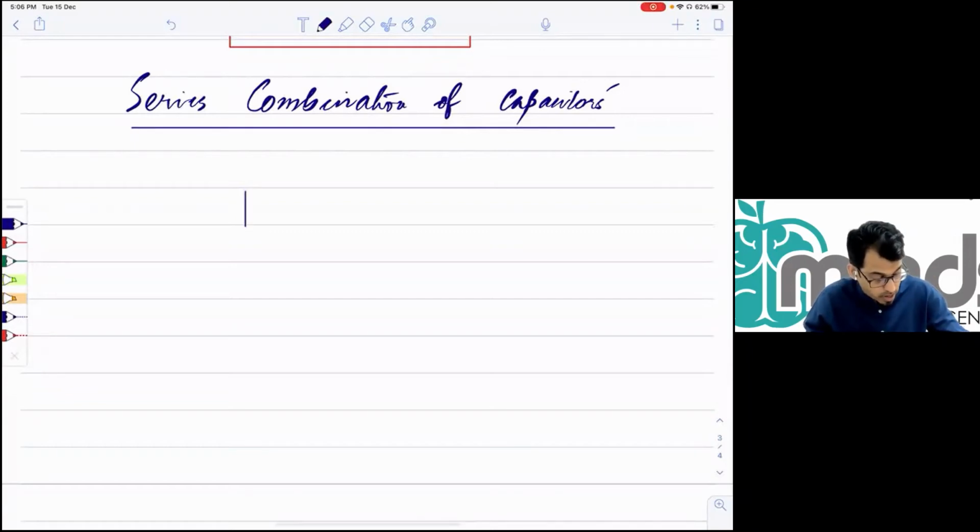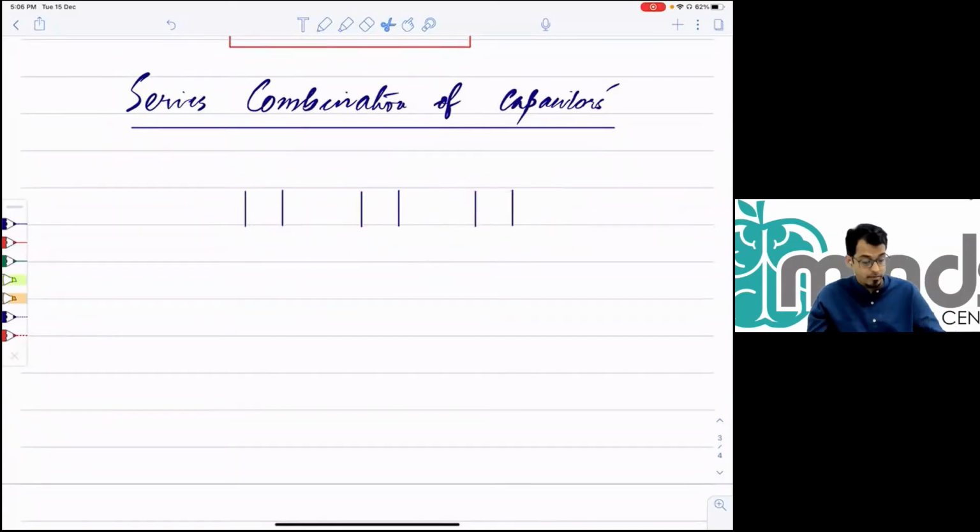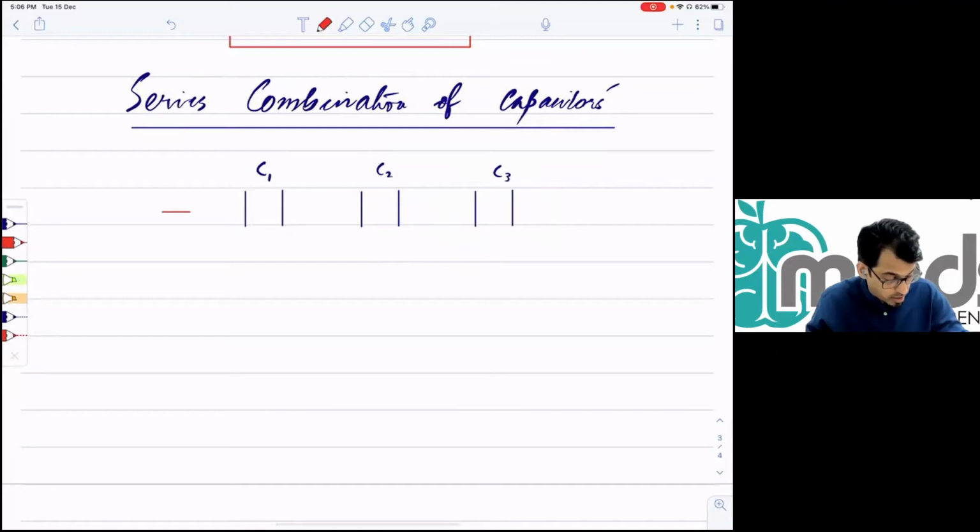Let's say this is capacitor 1, this is capacitor 2, and this is capacitor 3. Each capacitor has its own capacitance, C1, C2, C3. Series combination means one after another. So you will take a piece of wire and connect these capacitors like this.